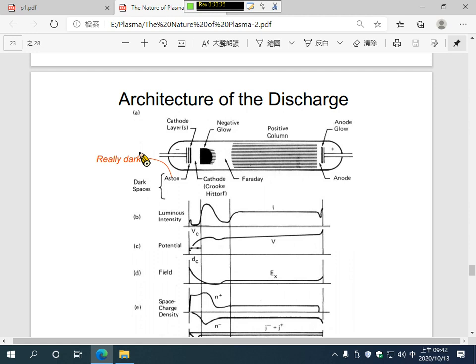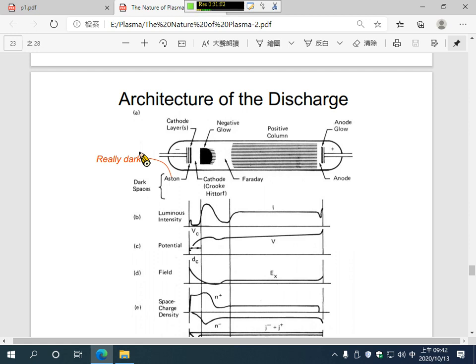Right. So if you have a plasma of a pressure of 0.2 torr, the cathode layer thickness will shrink to 5 centimeter. So actually, the length of the cathode layer depends on the pressure.